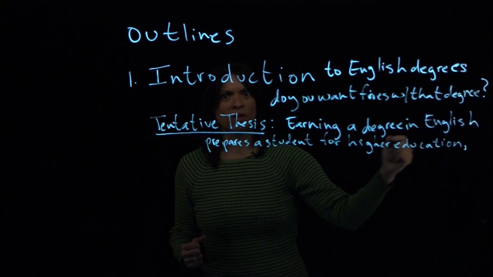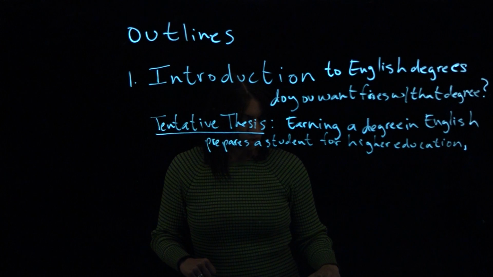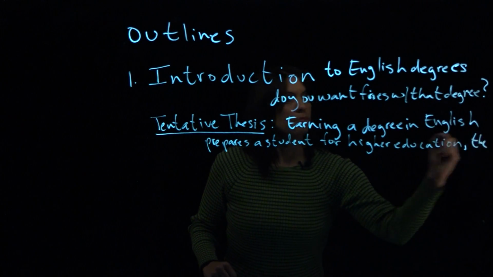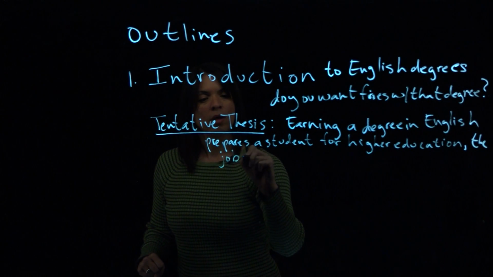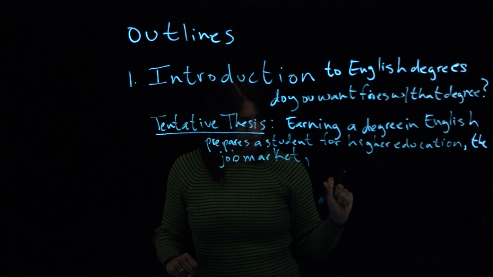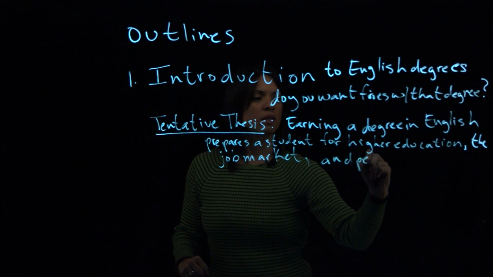Why? Because school is fun and you have more opportunities the more degrees that you have for higher education, right? The job market. And I had one more, and personal fulfillment. Why not?